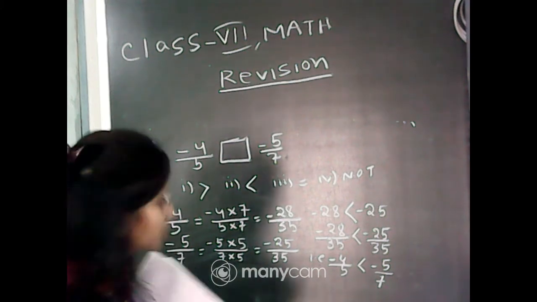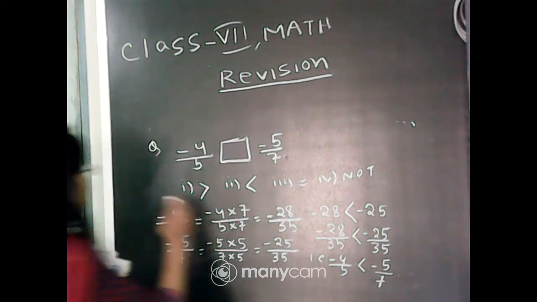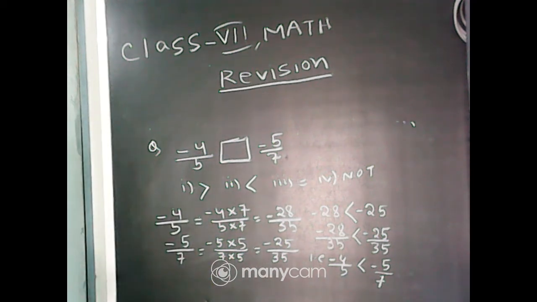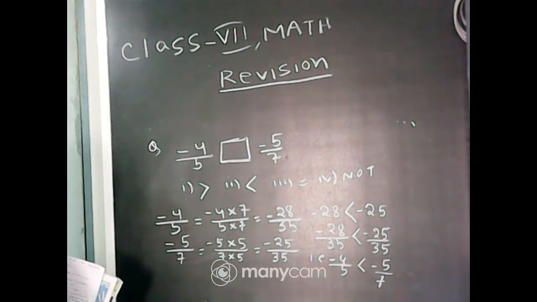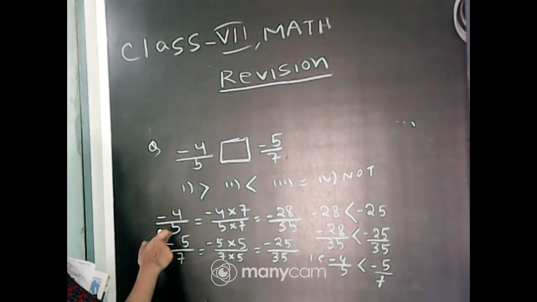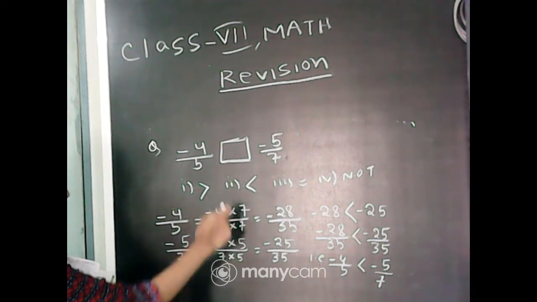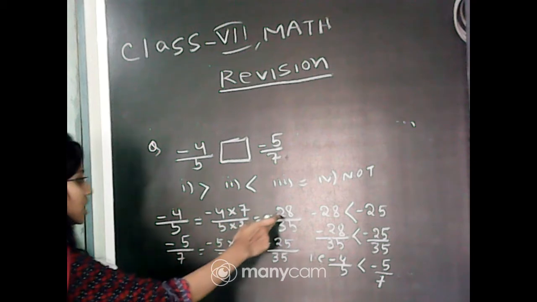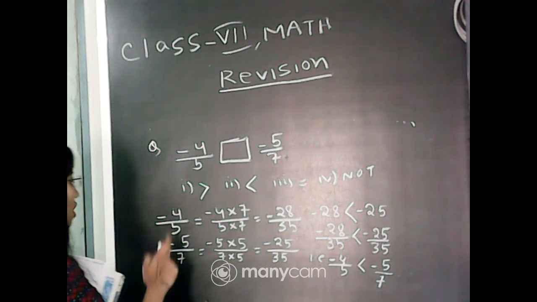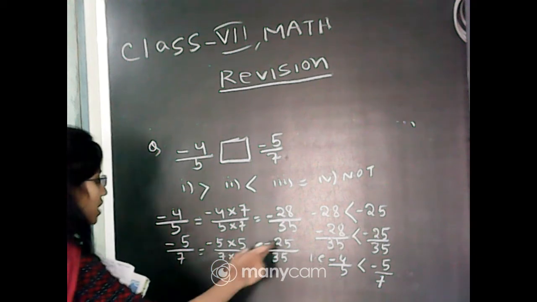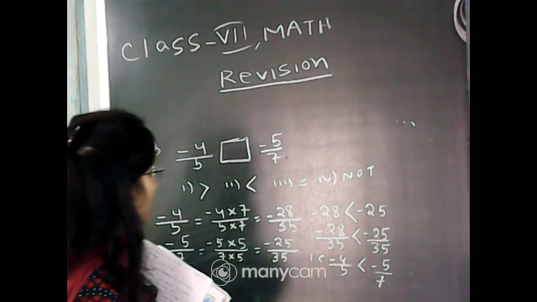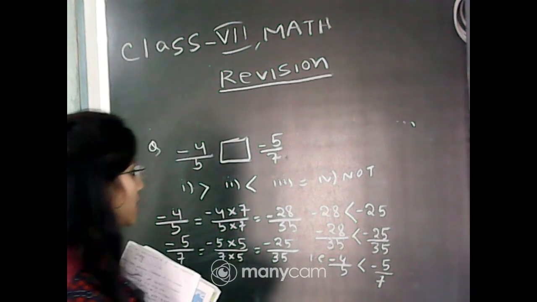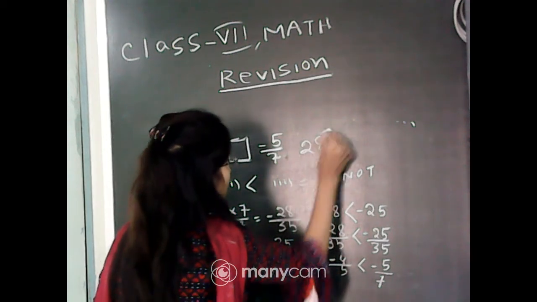The math is clear to everyone. We convert them into the equivalent rational number with a common denominator, and the common denominator is given by the LCM of 5 and 7. Now LCM of 5 and 7 is 35. To make the denominator 35, we multiply both the numerator and the denominator by 7, and we get minus 28 divided by 35. Also minus 5 by 7 is equal to minus 25 divided by 35, and obviously minus 28 is less than minus 25 since 28 is greater than 25.